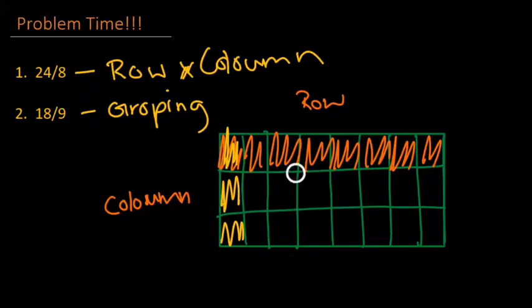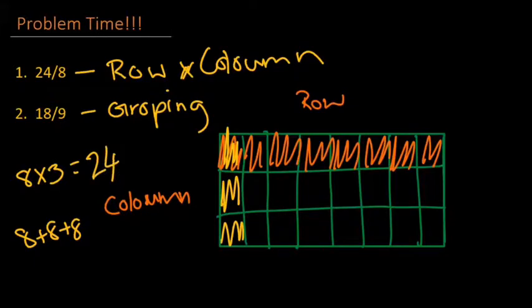So basically, we multiply 8 times 3. 8 plus 8 plus 8 is equal to, 8 plus 8 is 16. 16 plus 8 is equal to 24. So the answer to this is 3 because we have 8 in the row and we have 3 in the column.